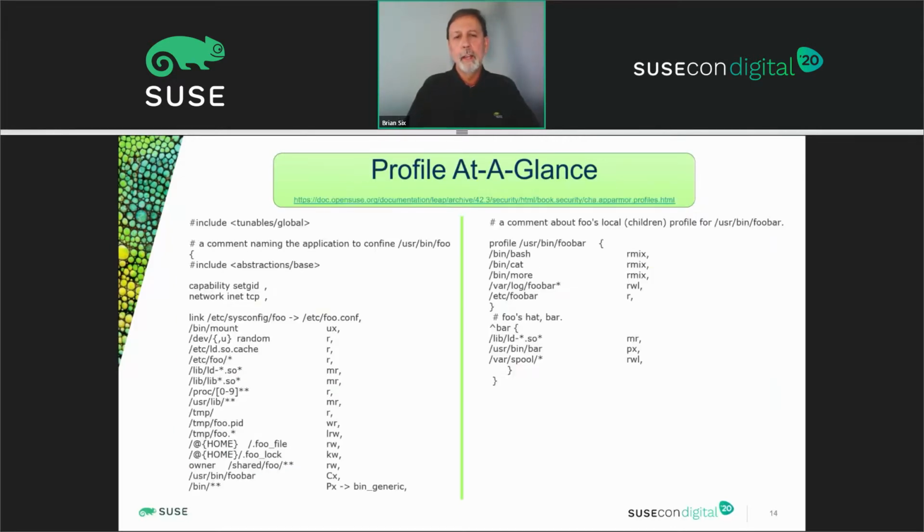So here's a profile at a glance, and in this example, you can see, starting on the left, that there are some include statements. If you've done any kind of programming, you kind of know what those are, where you're bringing in perhaps libraries or definitions in a different kind of file or location. And then we go through the listing showing you, in this case, access to certain directories, what privileges are being allowed.